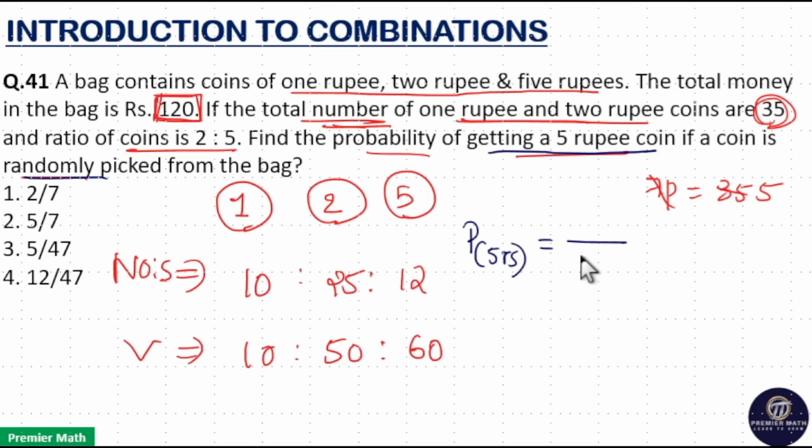So you are picking one coin out of these 47 coins. So total outcome is 47C1. And the chance of getting a 5 rupee coin means there are 12 5 rupee coins in the bag. So you have to pick one coin out of these 12 coins to get a 5 rupee coin. So favorable outcome is 12C1. So 12 by 47, option 4 is your answer.